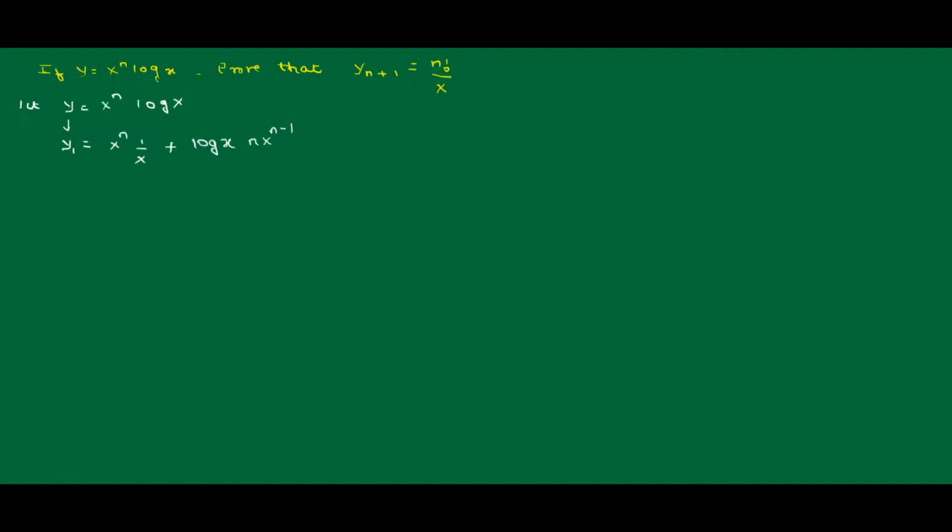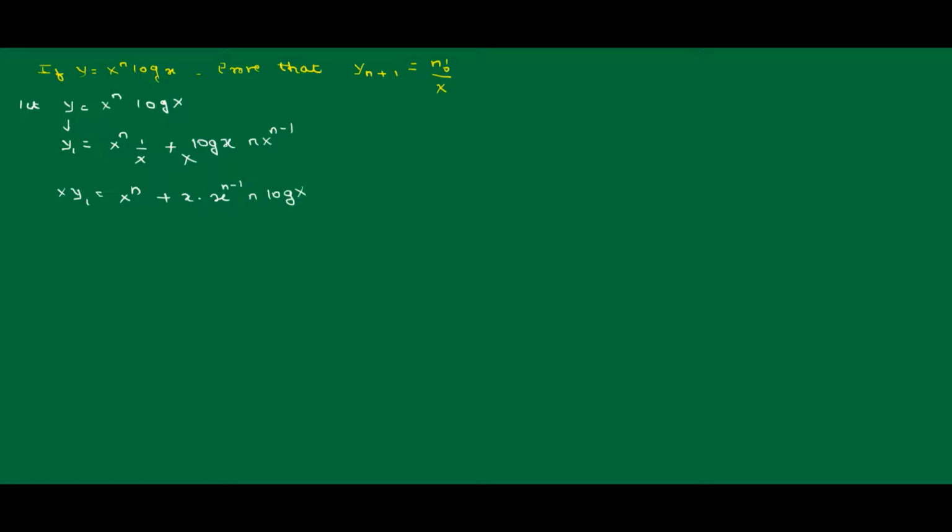If you multiply both the sides by x, left hand side you will get xy1 is equal to right hand side. Multiplying with this x, this x gets cancelled, so we are left with only x raised to n, and then multiplying here with x, so that you will get x into x raised to n minus 1 into n into log x.